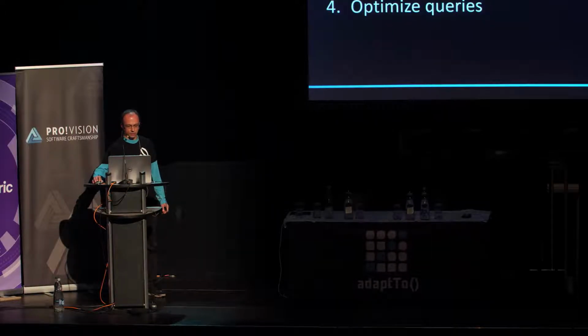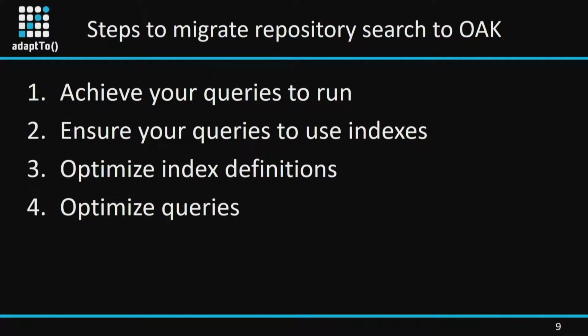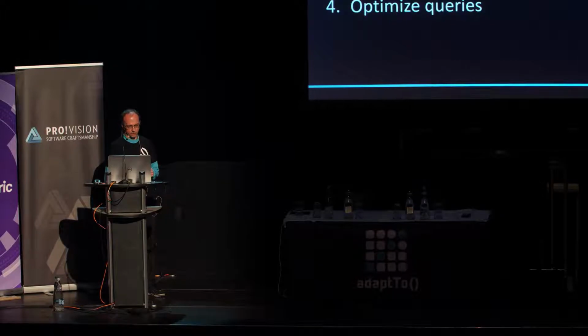Go to the third step, optimize index definition. When your query still does not perform fast enough, or when you need in your application advanced search features like full-text search, excerpts, facets, and so on.